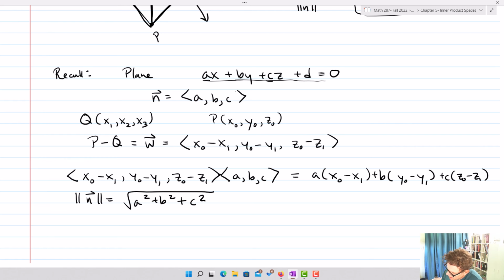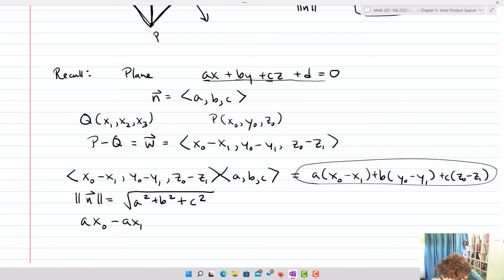So if I rewrite, here's my dot product. So I've got ax naught minus ax1 plus by naught minus by1 plus cz naught minus cz1.